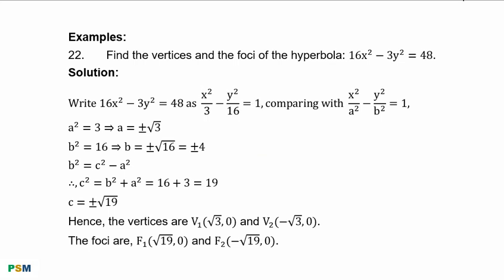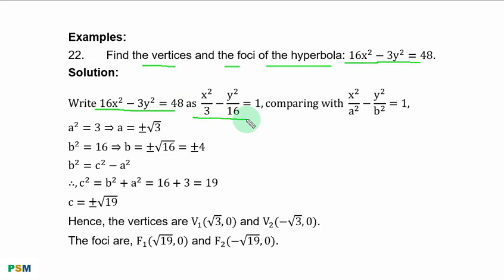f2. Example number 22. Find the vertices and the foci of the hyperbola 16x square minus 3y square equal to 48. Solution: write the given hyperbola in this form.